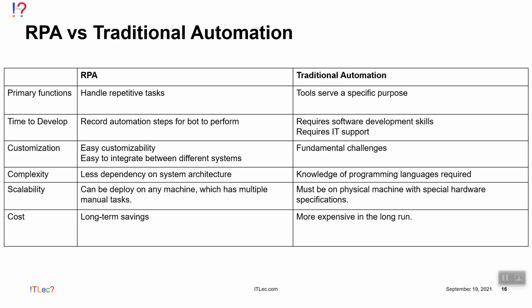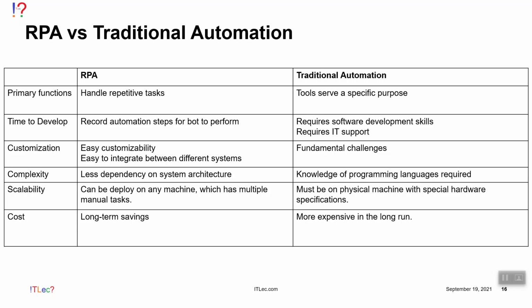Time to develop: RPA is much faster because one of the options we have is to record automation steps. But traditional automation requires software development skills and IT support. Customization: RPA is easy to customize, and it's easy to integrate between different systems.